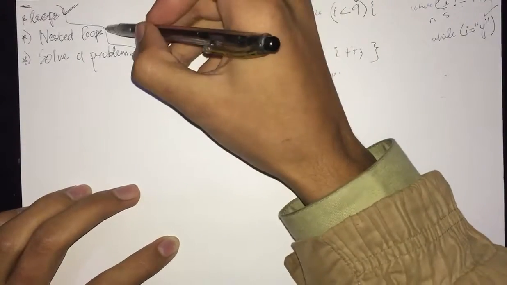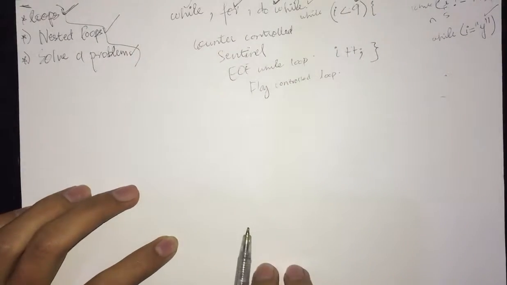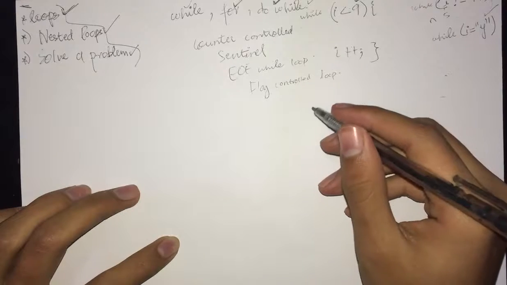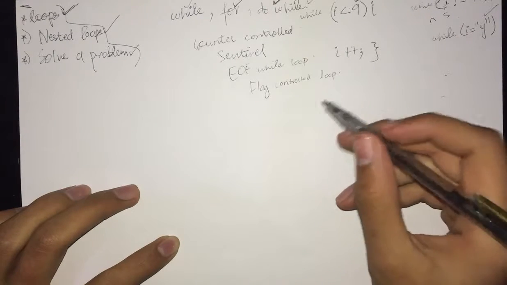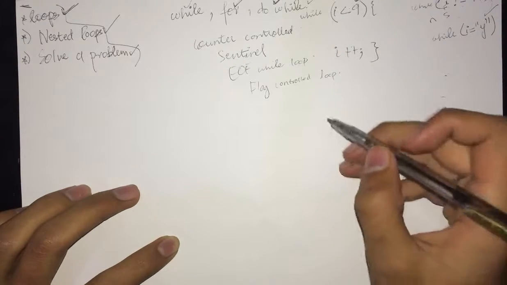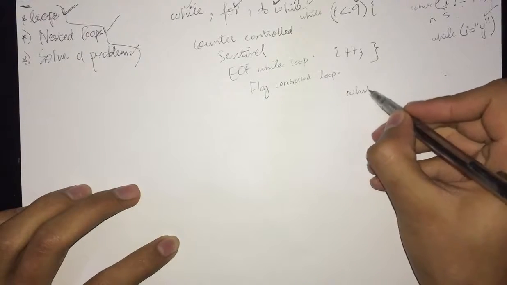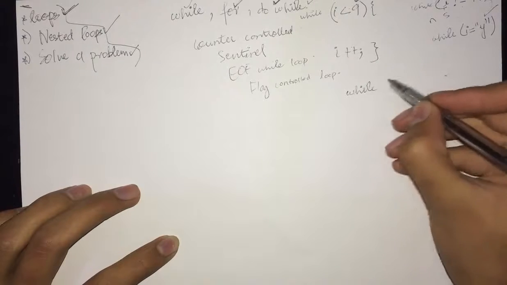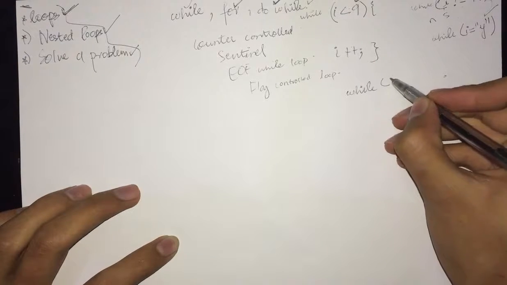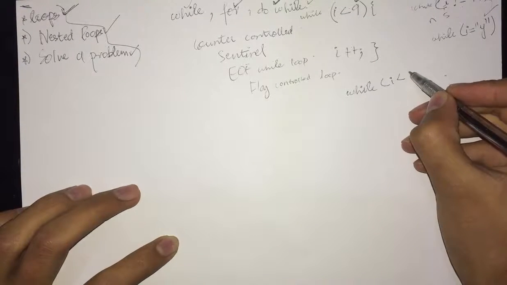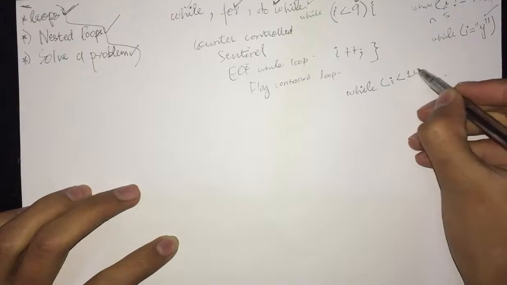So now let's come to nested loops. So what are nested loops? For example, in a loop we want to find the sum of the digits the user enters. So for example we have this loop: while I is less than 10.